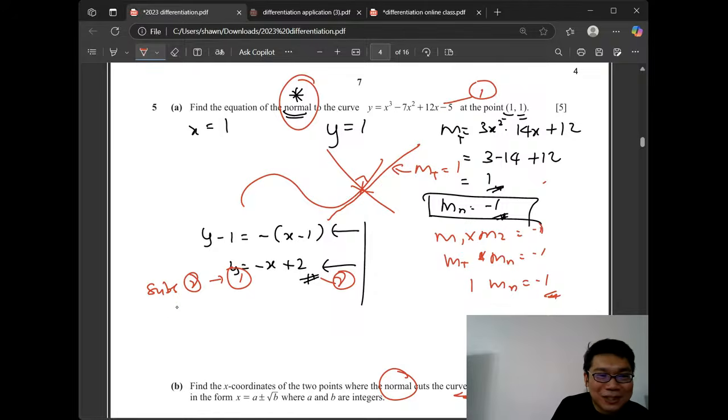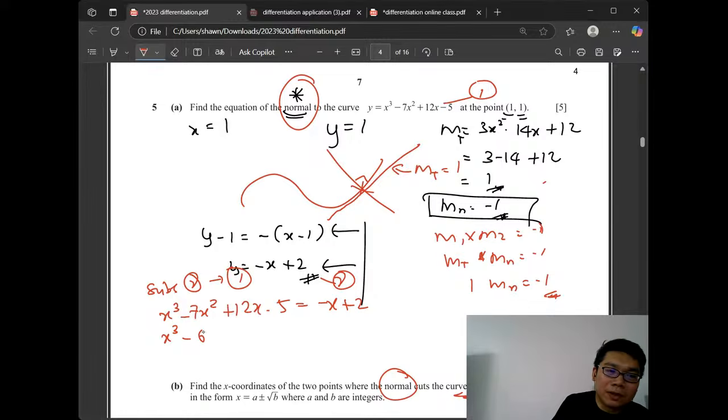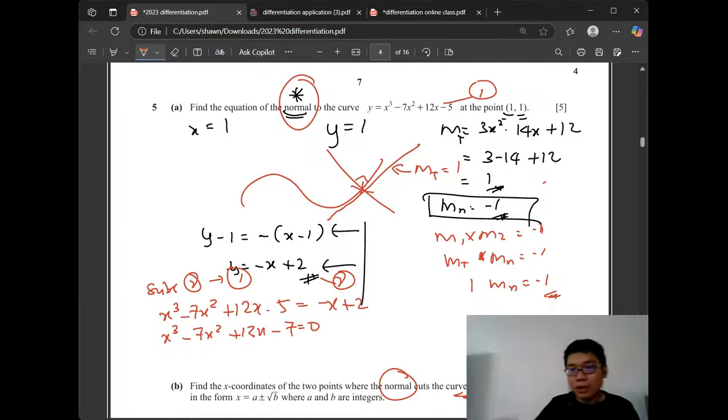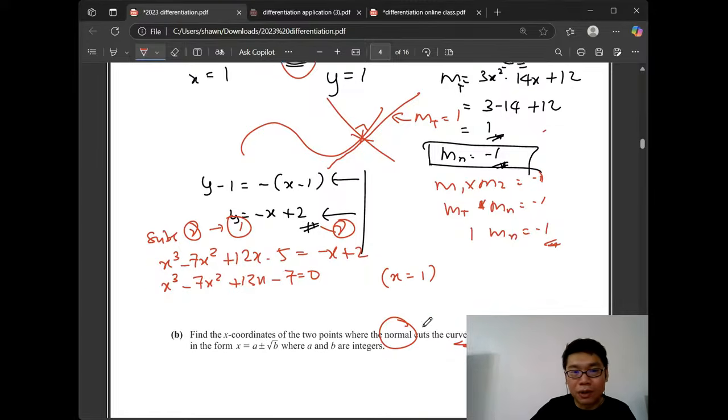Okay, so x power 3. When we reach here, you need to continue to solve. First thing you need to know, one of the solutions is x equals 1, which means one of the factors you already know is x minus 1.